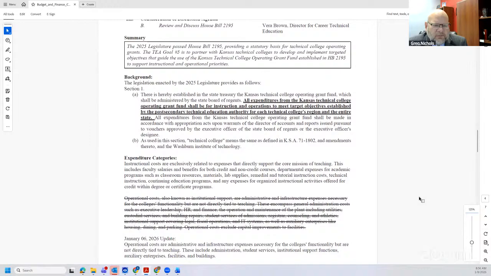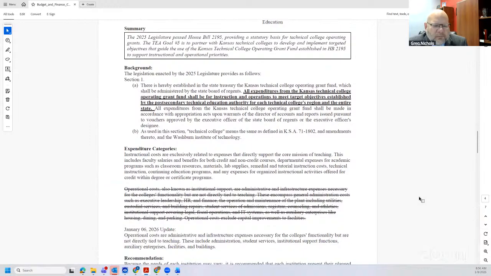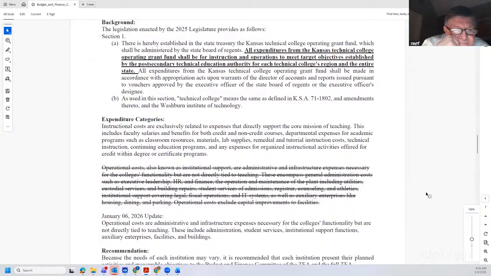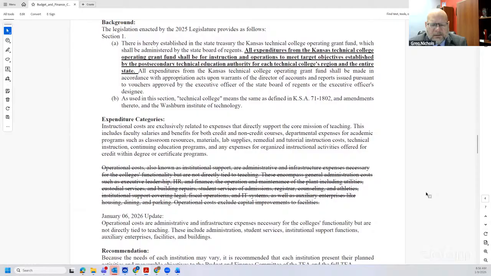Ray, can you see the strikeout of operational parts? I mean, instructional costs, I think they're using the definition based on the cost model. Is that correct, Vera? Does that sound right? Yes, we developed it with finance. It's based on what is included in the annual audits that come to us.